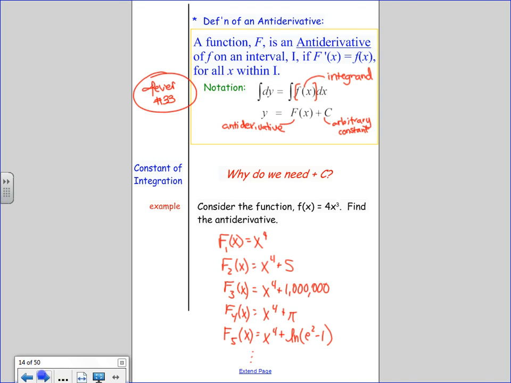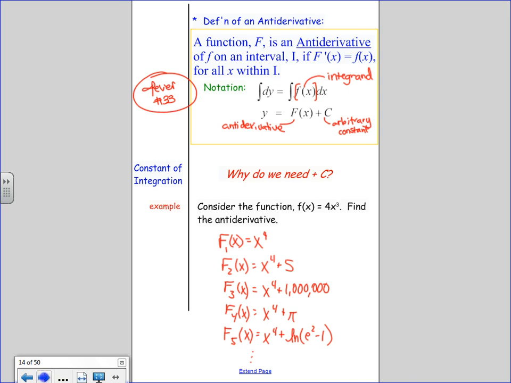Graphically, what could all of these be described by in relationship to the first one that we wrote down? The y-intercepts are different. Graphically, are they dilating? No. Reflecting? No, they're just shifts. And what kind of shifts? Just vertical shifts, because it's not x minus 2 to the fourth, it's just x to the fourth plus a constant.